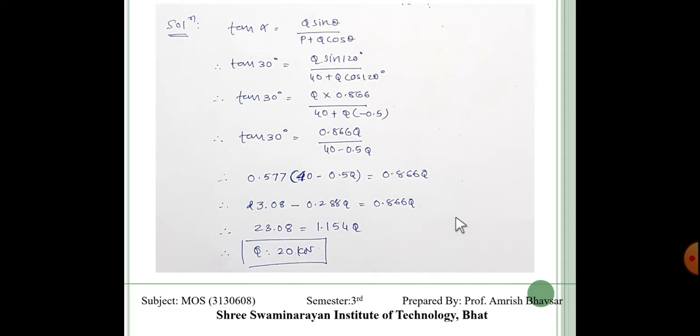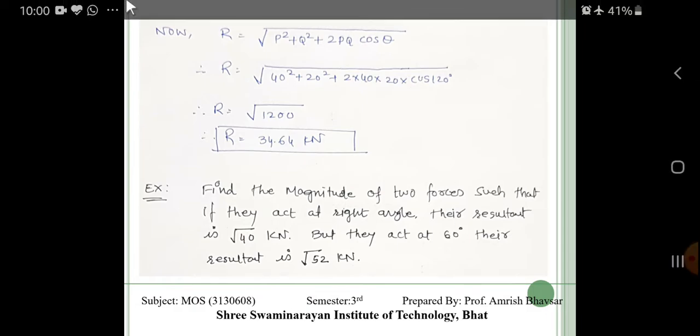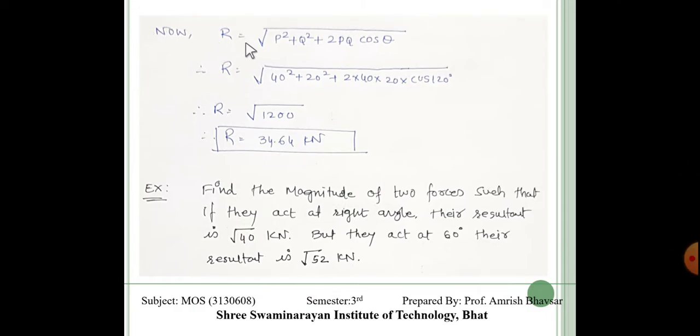Now we have Q. So from the equation of magnitude of resultant, R is equal to under root of P square plus Q square plus 2 PQ cos theta, we will get the resultant force, that is 34.64 kilonewton. Clear? Okay, good. Now the next one is a very interesting example: find the magnitude of two forces such that if they act at right angle, their resultant is under root of 40.